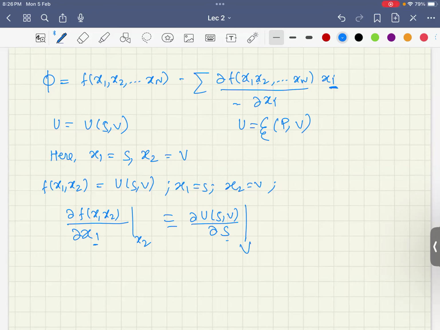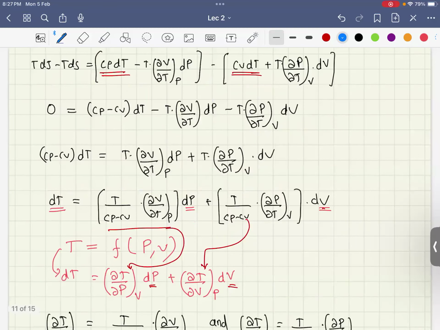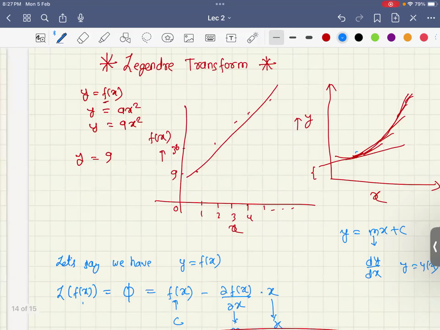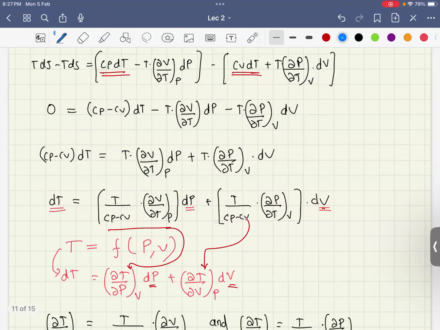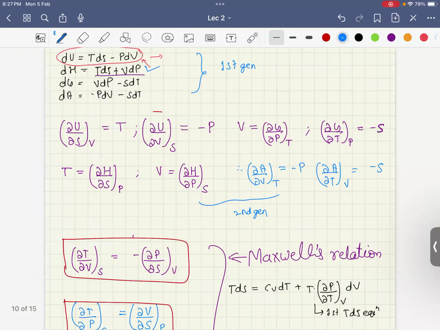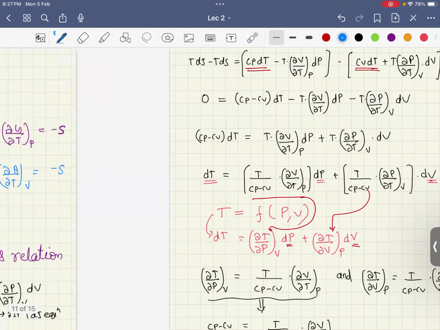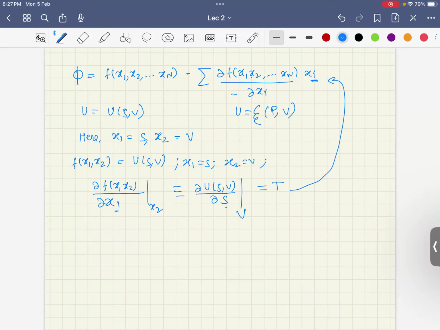Right. But what is this derivative, dou U of S and V by dou S? Dou U by dou S is temperature, right? Then we just put this here. So what we get? We get phi as f, which is U of S, V, minus, what is this expression?